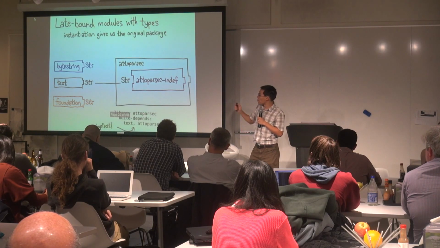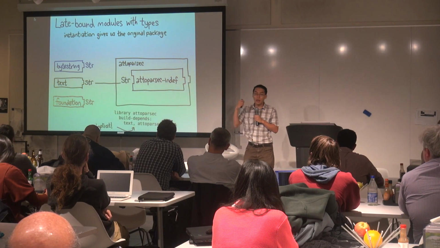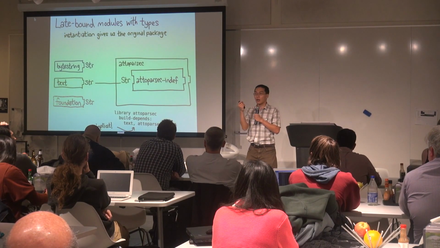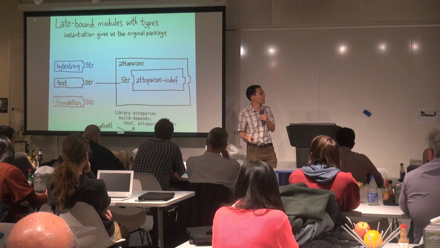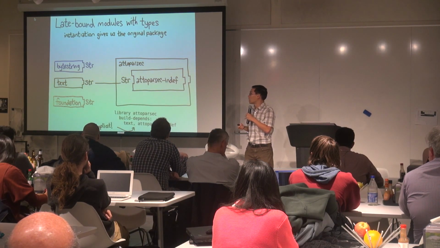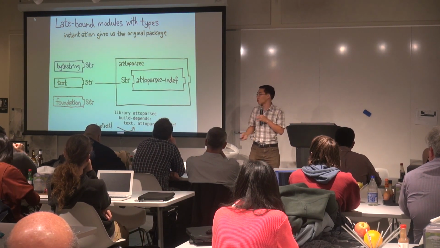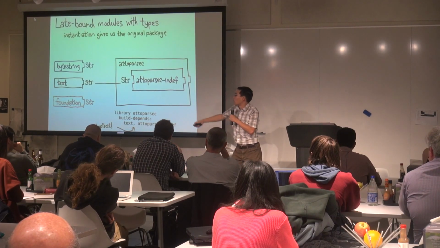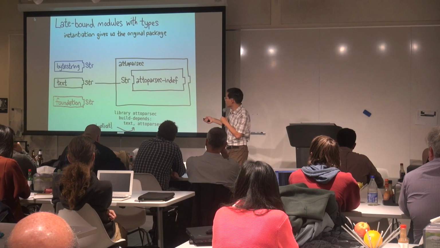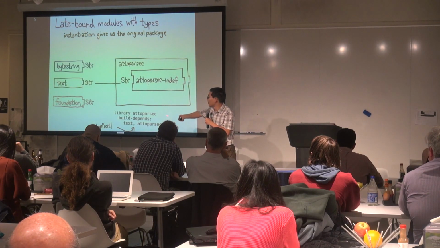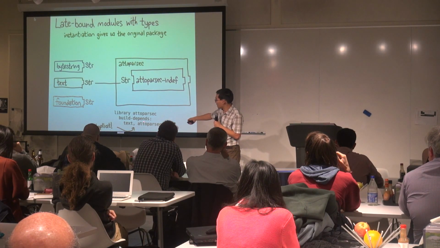And now, to implement this, to fill in this requirement on autoparsec with an implementation, all I need to do is so-called instantiate the package with the implementation of the signature that I want. So the way that I actually do this in real cabal is, in this case, very simple.